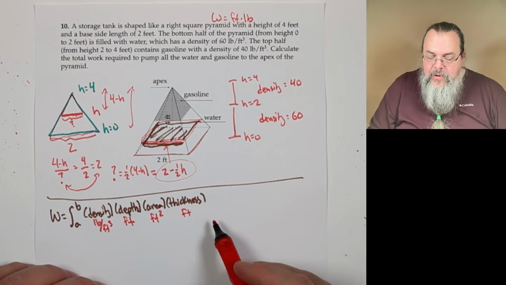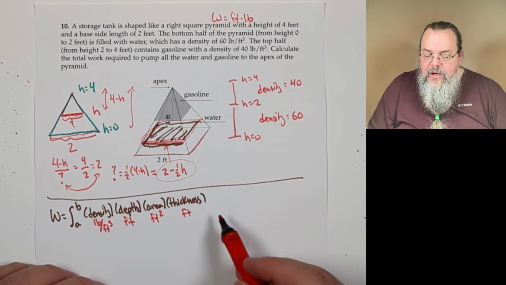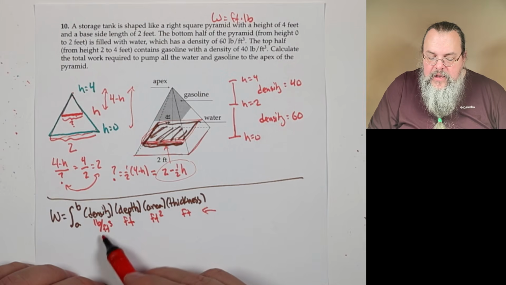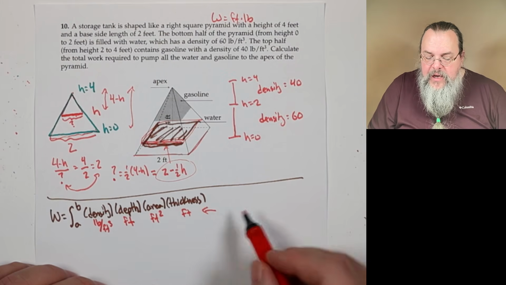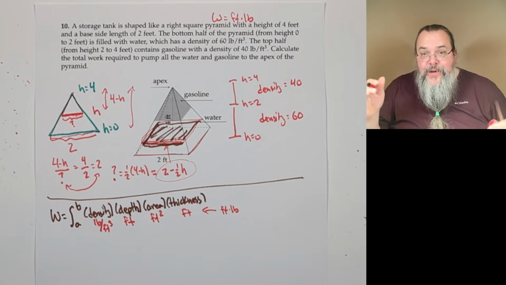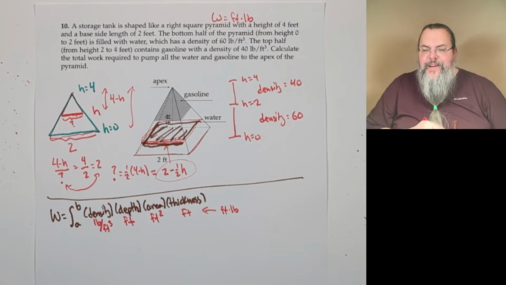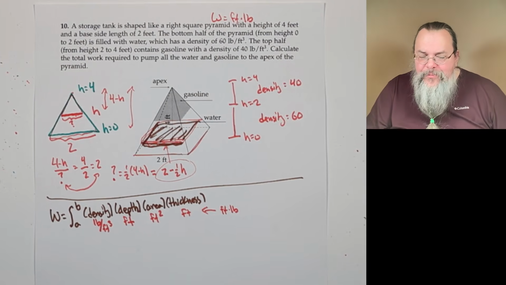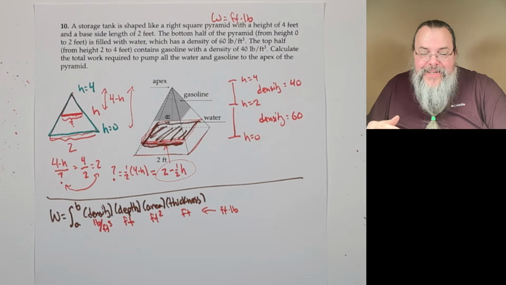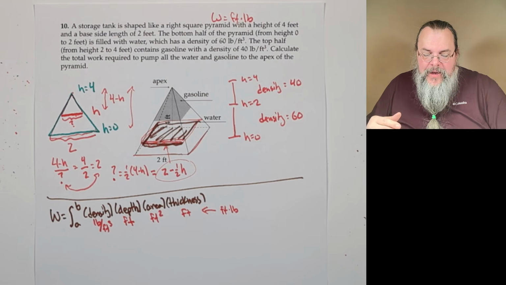If you multiply through, there's a pound, and a bunch of foot terms canceling, but it becomes a foot-pound. So the units give you a good sanity check: does this make sense? Because if it doesn't, we shouldn't be doing it.